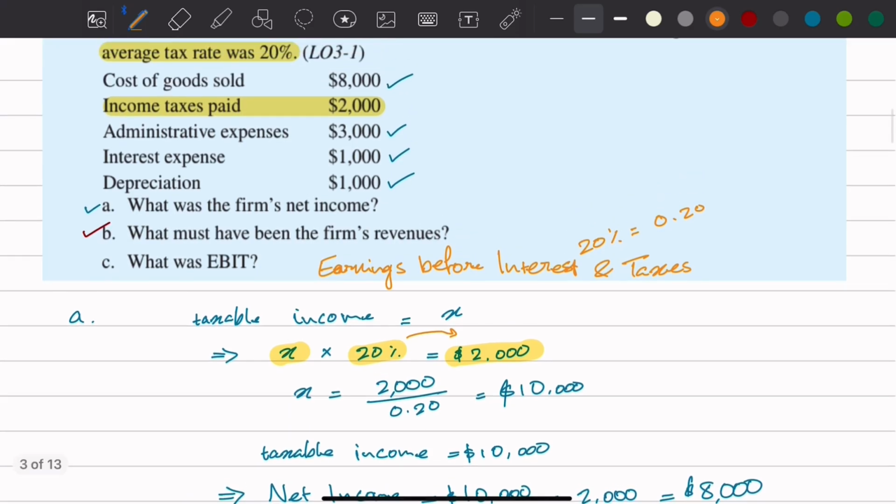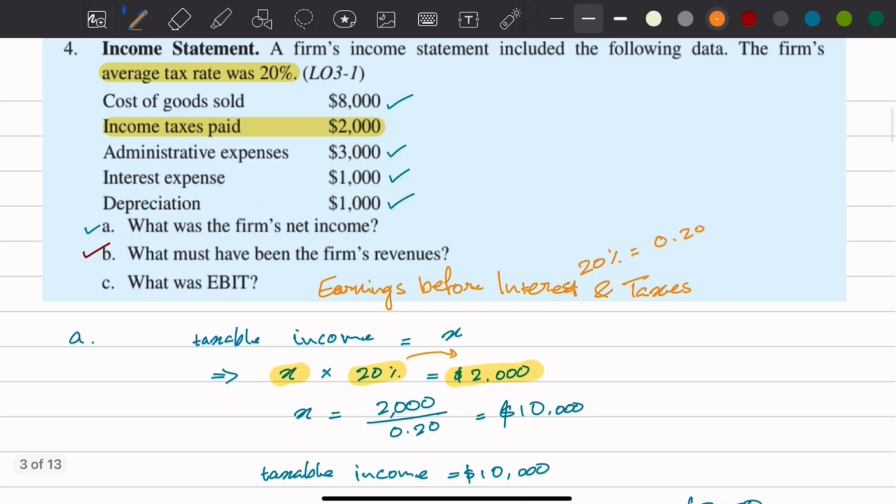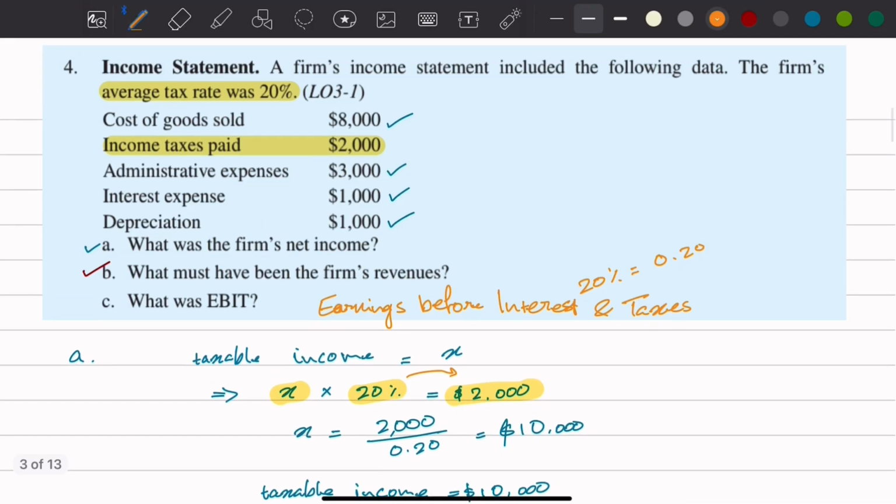Which in this scenario, based on the accounts that we have, EBIT is going to equal the revenues minus these particular costs only. So we're not going to consider the interest. We're just going to take these three expenses: the cost of goods sold, the administrative expenses, and the depreciation, right?